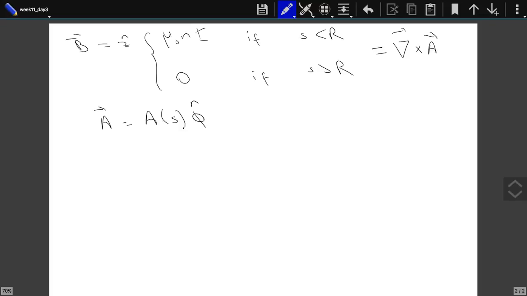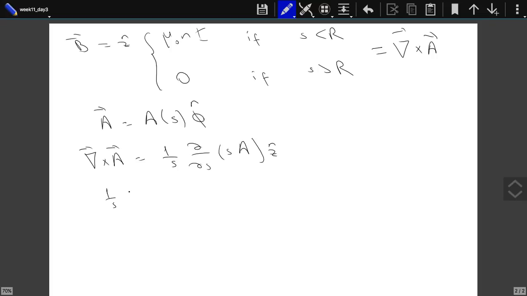And in cylindrical coordinates, the curl of A we can write as 1 over S del over del S of S times A, in the z hat direction. Now that is fine, at least. We know that the B field is in the z direction, so the curl of this vector potential is also in the z direction, so that's nice.